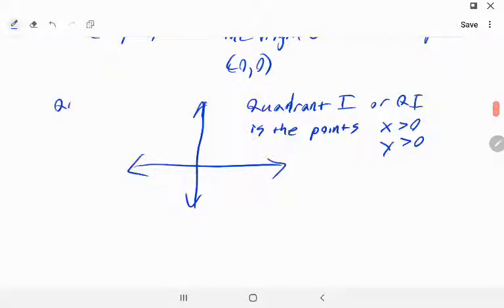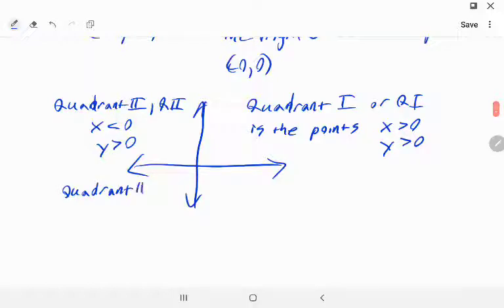Quadrant 2, or Q2, has x less than 0, y greater than 0. Quadrant 3, or Q3, has x less than 0 and y less than 0.